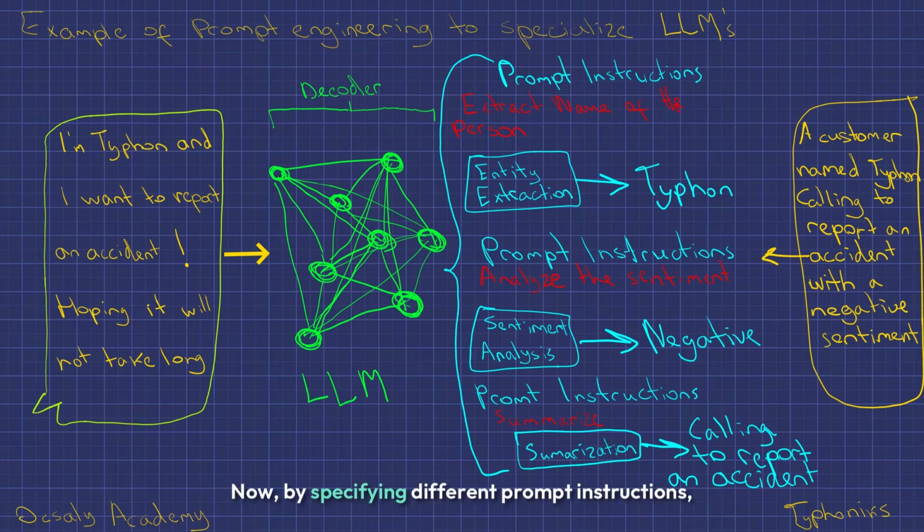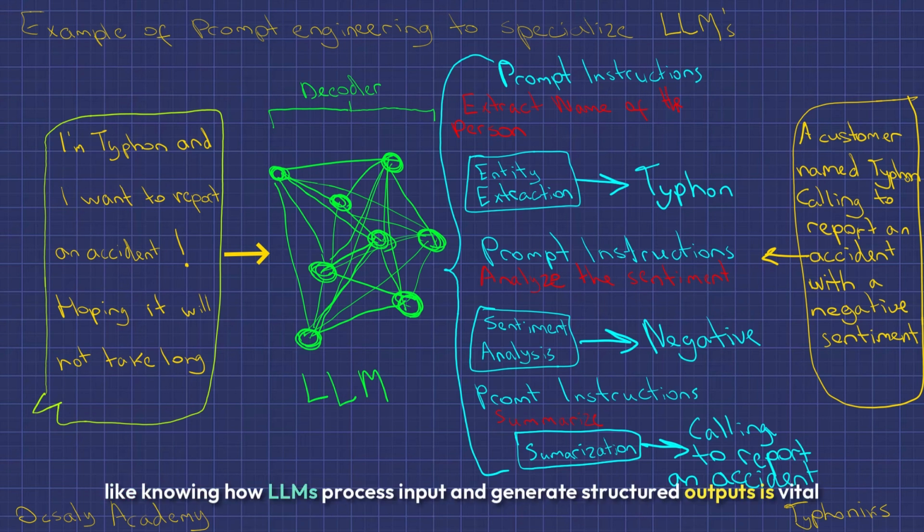By specifying different prompt instructions, the same LLM can handle various tasks like entity extraction, sentiment analysis, and summarization. And understanding LLM behavior helps improve applications, like knowing how LLMs process input and generate structured outputs is vital for developing AI-driven applications such as chatbots, customer support systems, and data analysis tools.